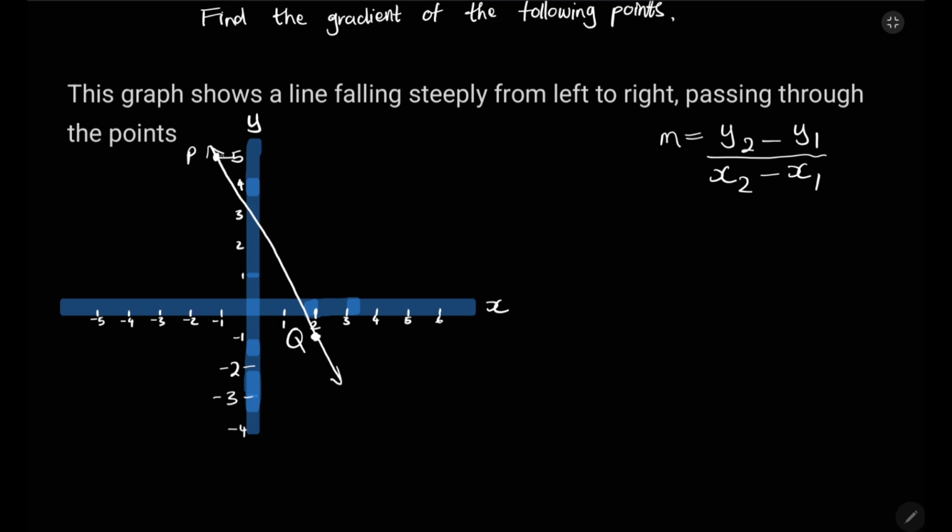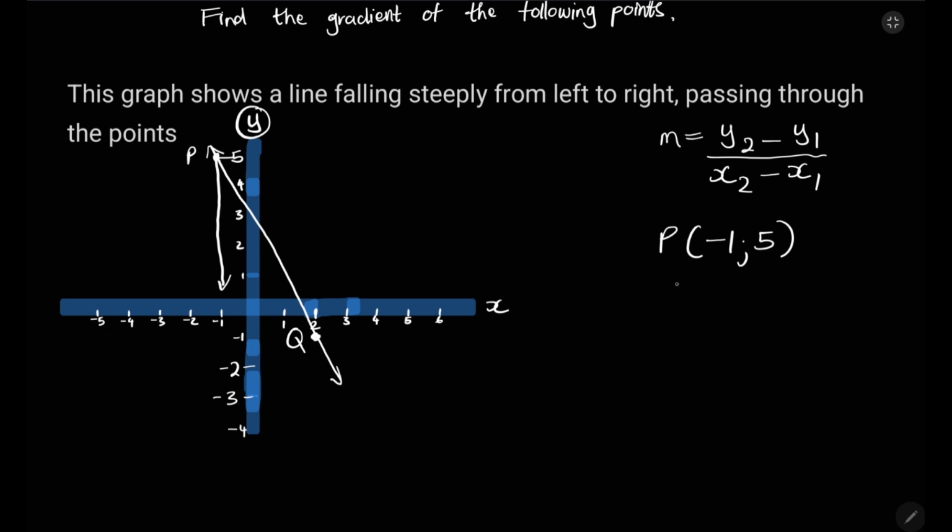So for P, we have 5. That means that 5 is your y value. Okay, so let's check. We also have negative 1. That is on your x-axis. That means your x should be negative 1. So your coordinates are negative 1 and positive 5.